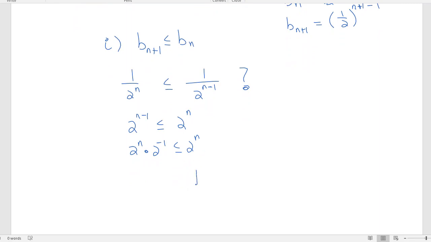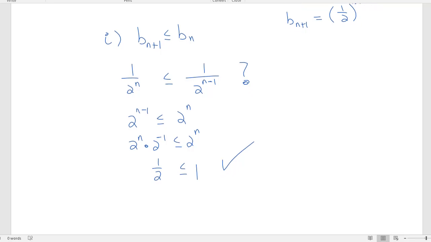If I divide by 2^n on the right hand side, I get 1. If I divide by 2^n over here, I get 1 times 2^(-1), and 2^(-1) is 1/2. So I get 1/2. So I could take this all the way down to a point where I know it's true. So the positive values of the terms in this alternating series are decreasing.